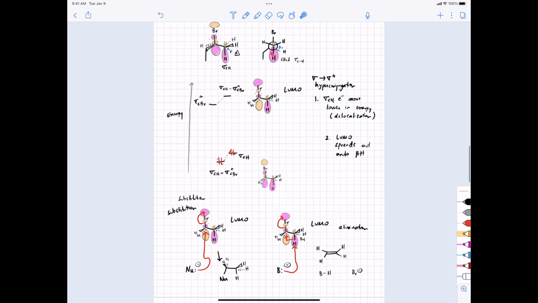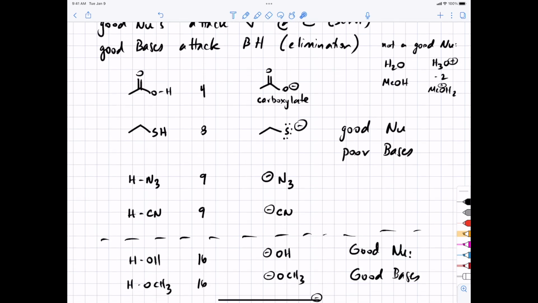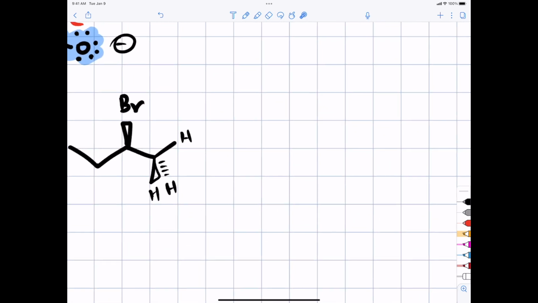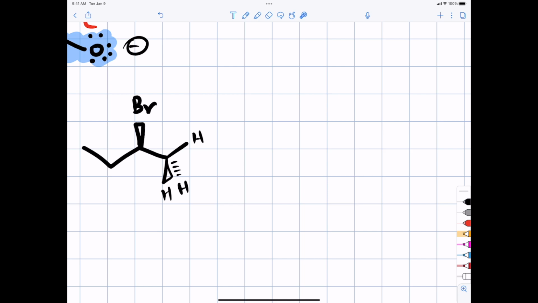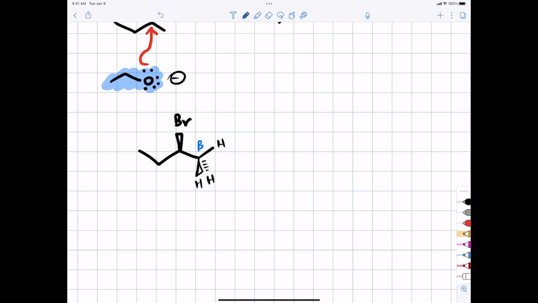Remember that it's only when the beta proton aligns with the sigma star that the LUMO spreads out onto the beta proton. So only protons that are anti to the leaving group will be reactive. So we've got a beta carbon here. We got any other beta carbons? Sure, other side too.